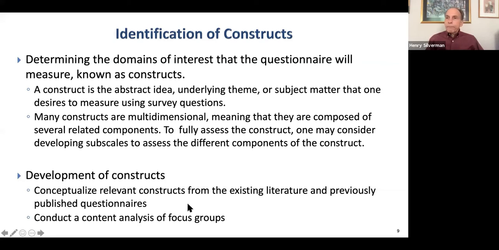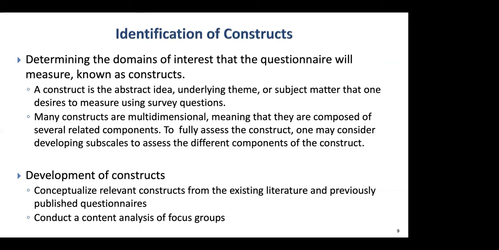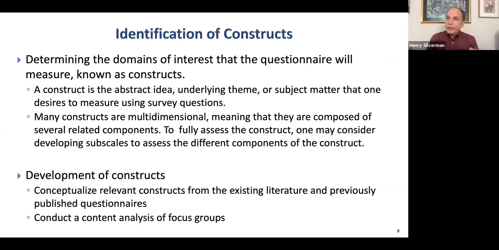If it's a relatively undeveloped construct, you may want to obtain the content of your construct by doing focus group interviews. You want to make sure that you fully include all the content related to a construct.